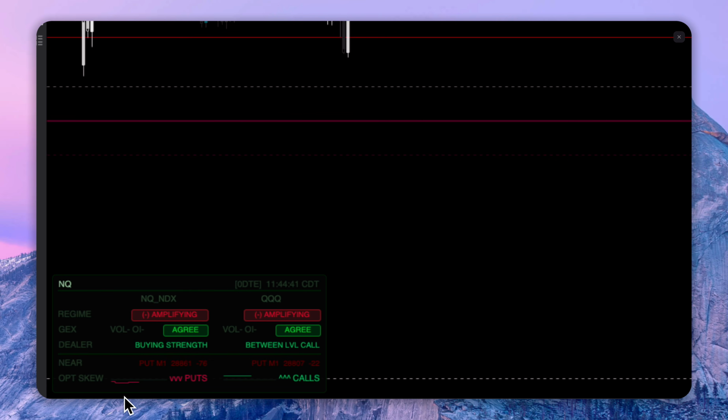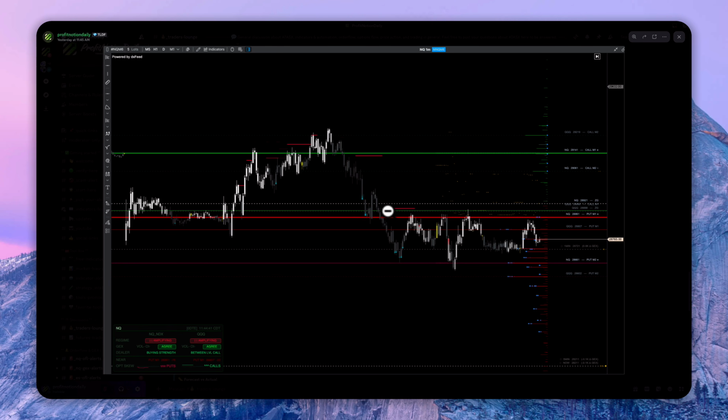And then taking that concept of summing the volume of the calls and puts for the given expiry that you're looking at, it gives you a little sparkline here, which tells you if puts or calls are more favored. It's a cool little info thing, it gives you at a glance an idea of the regime and what you would expect dealers to start doing at certain levels. I think it gets pretty close to the web app.